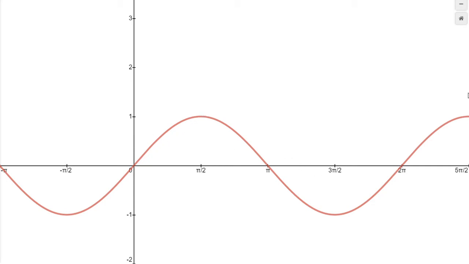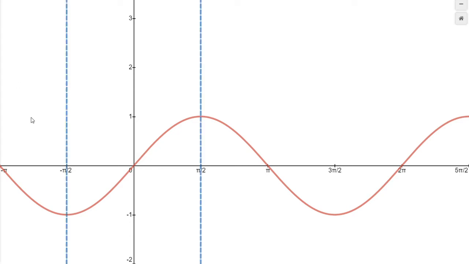So we need to restrict the domain to make it 1 to 1. And what domain are we going to use? Well, if you try numbers in your calculator, you'll see that if we use this domain here, x between minus a half pi and a half pi, we get every single y value of the range. Because that's the thing.